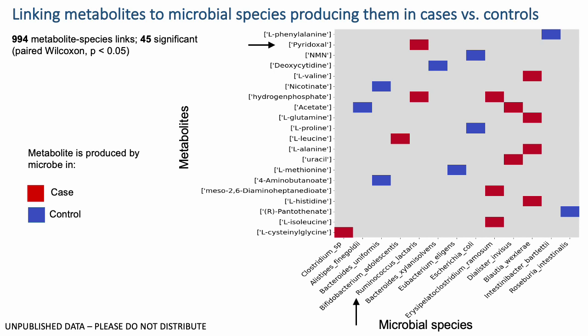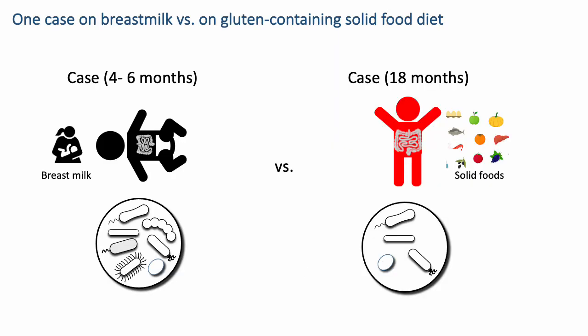By using these gems, we are additionally able to simulate different diets. As a pilot study, we simulated two different diets for one case subject who developed celiac disease at the age of 18 months, where the subject is on gluten-containing solid foods simulated by a typical Western diet, and then compared it with the microbiota of the same subject at 4 to 6 months of age, where the subject is on the breast milk diet.